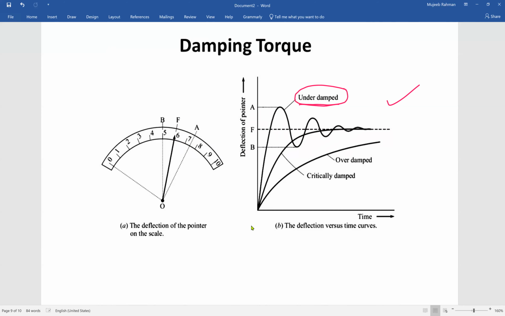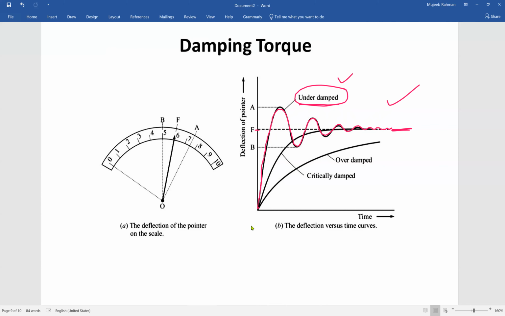Before the pointer reaches the final steady state position, there will be oscillations, but these are damped oscillations, which means that in the beginning we have a large amount of oscillation and the oscillations start decreasing, and after some time it comes to rest. This shows that the damping is less than what is required. That's why the system is called an underdamped system.